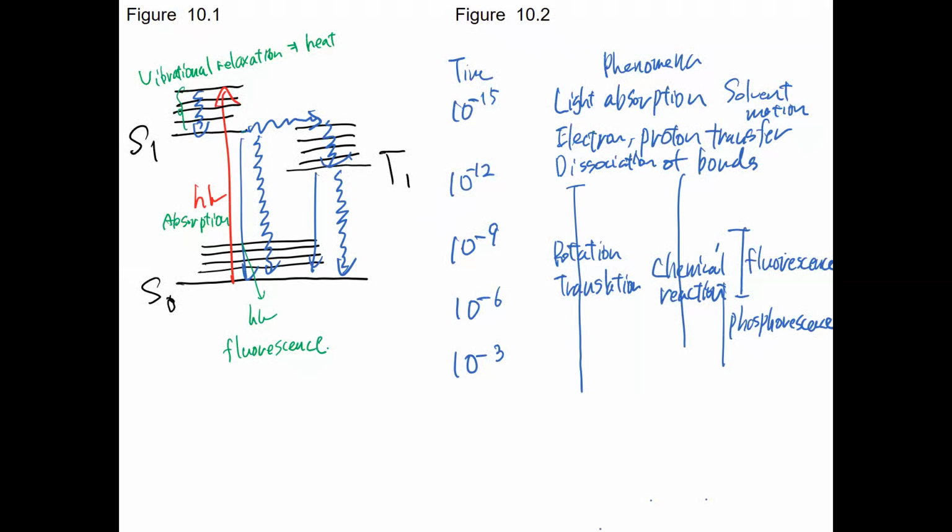I didn't show you the vibrational energy levels between S0 and S1, but there are always many small energy levels, and through thermal relaxation using vibrational and rotational motion, energy is gradually lost by the motion. This is thermal energy, so it's internal conversion.